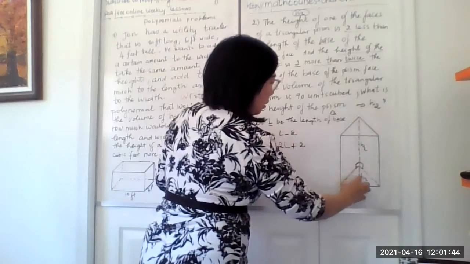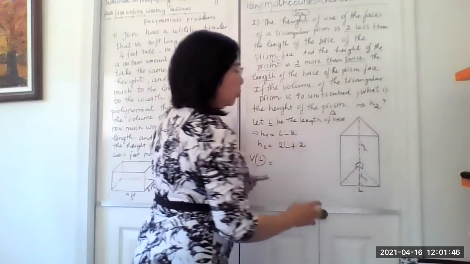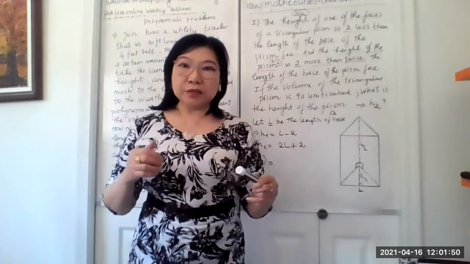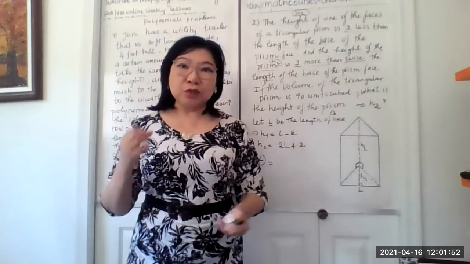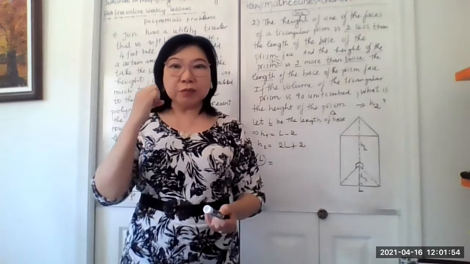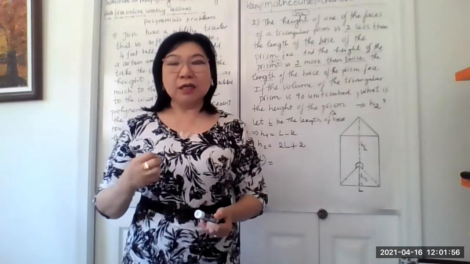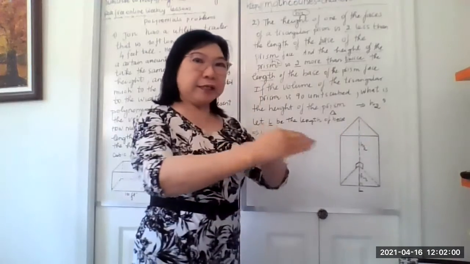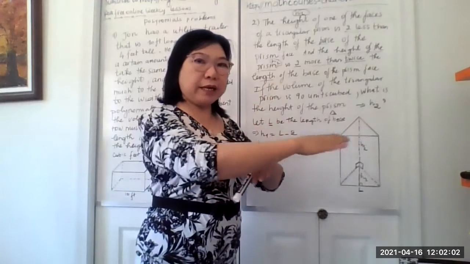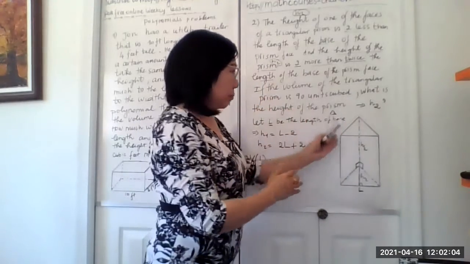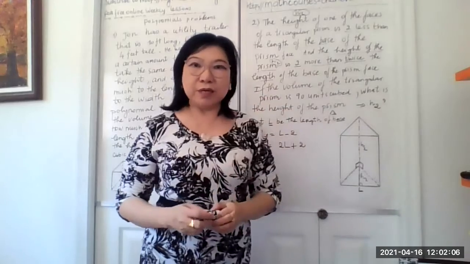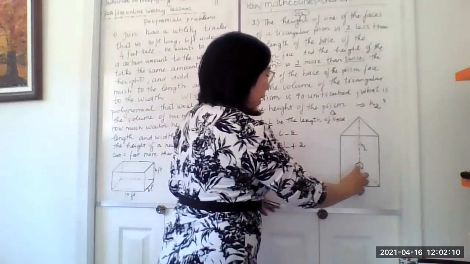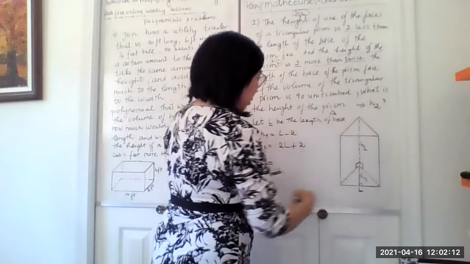So we can use the area of a triangle. Because the base face of a triangular prism is a triangle, and you can lay it down, it becomes the length of the prism, or you can stand it up like this, it's still the same. So the triangular prism has a face of a triangle.